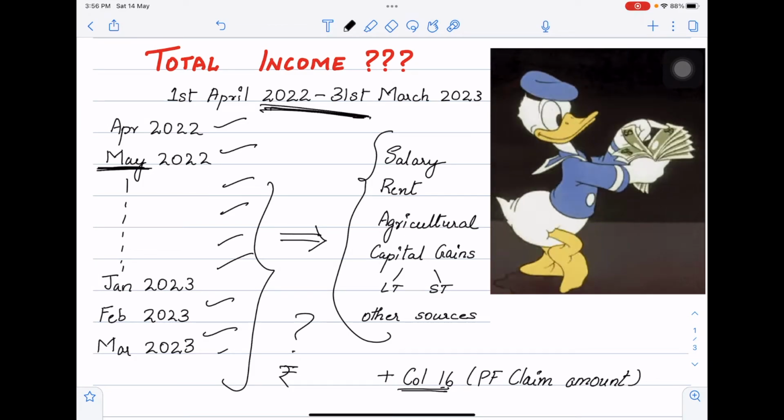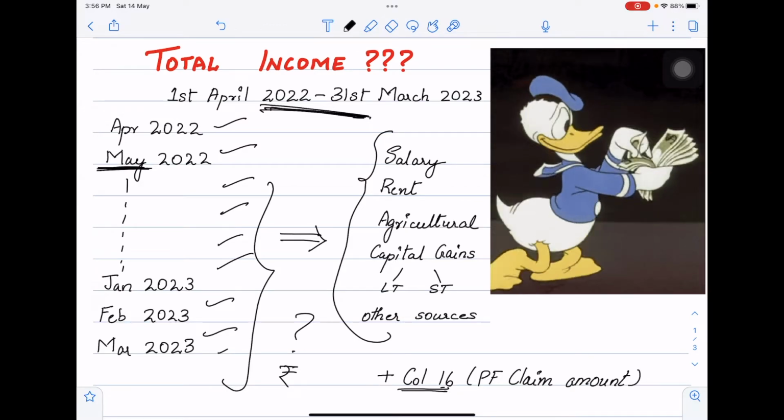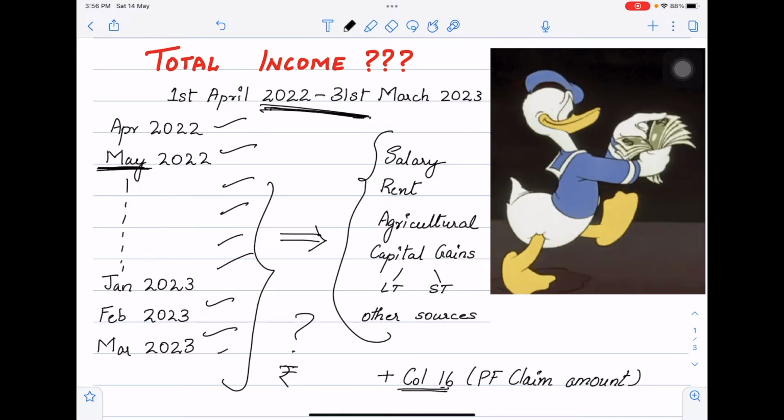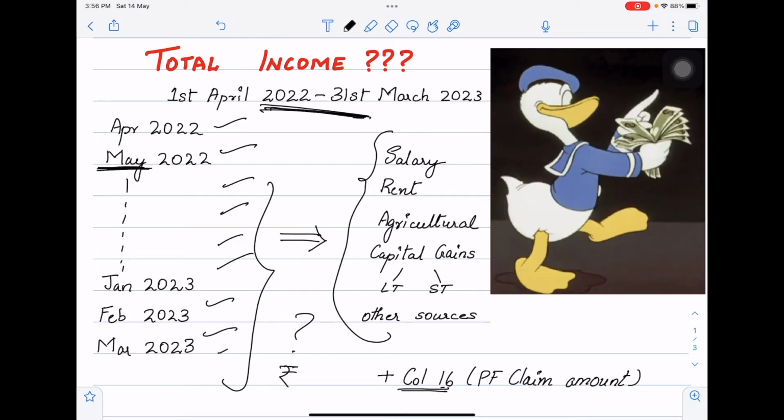If you think that till March next year you will not be employed, if you have that much of a pessimistic view of the job market, even in that case, it is perfectly fine. Just put the column 16 amount as in your PF claim, especially if you do not have a job or you have gone for higher studies and are not expecting to earn anything.